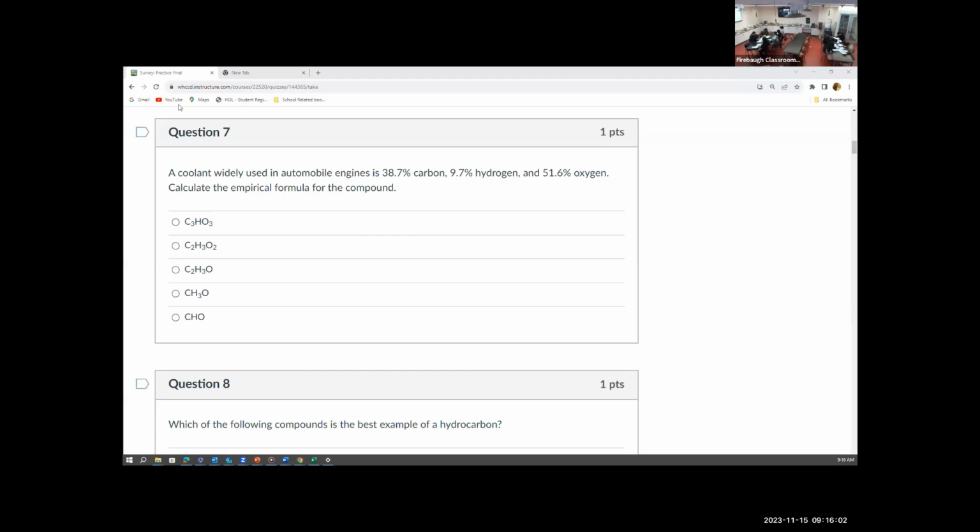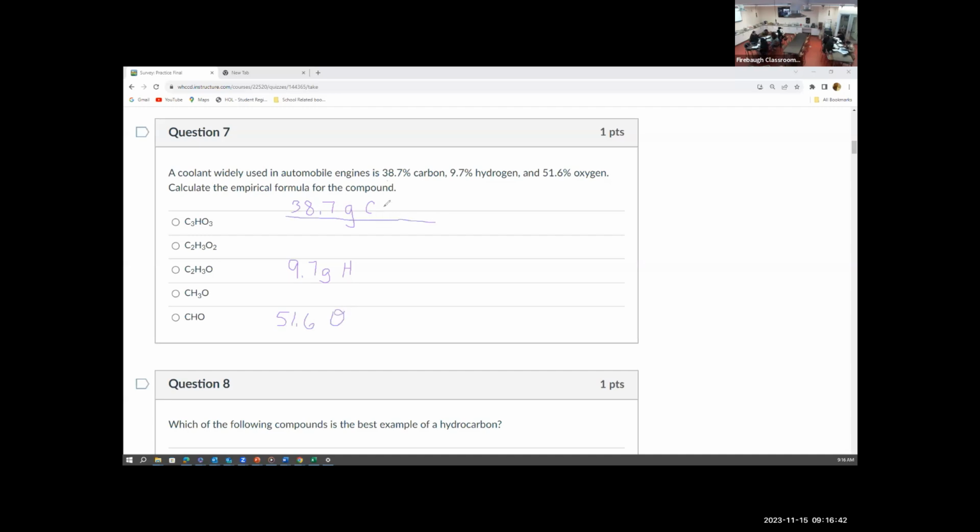Okay, so we know that we're gonna change this to mass. So we're gonna make the assumption that we have 100 grams of our coolant, since this is based upon mass. So then we have 38.7 grams of carbon, 9.7 grams of hydrogen, and 51.6 grams of oxygen.